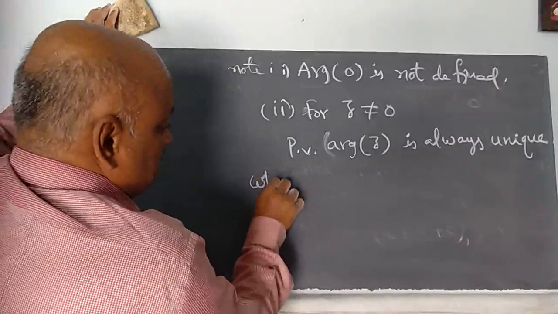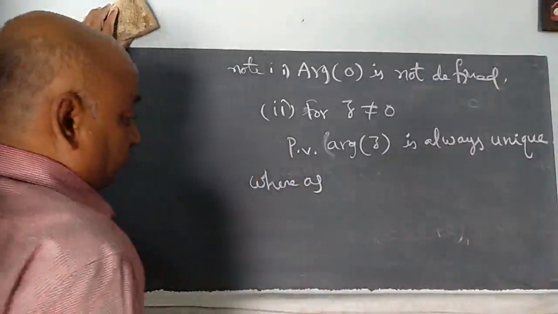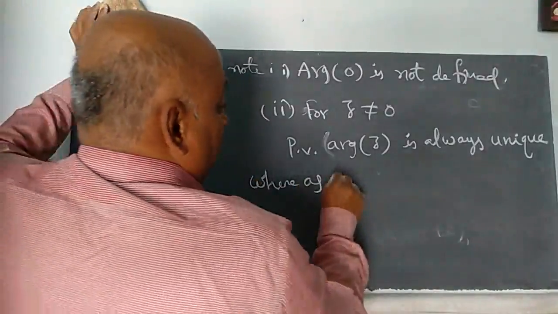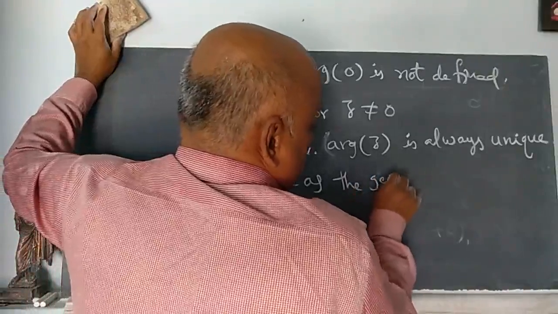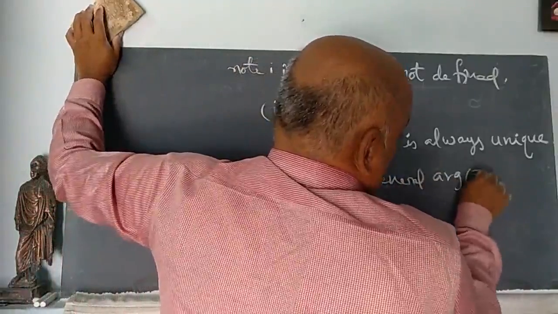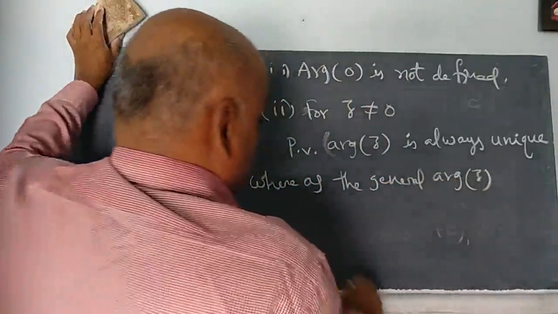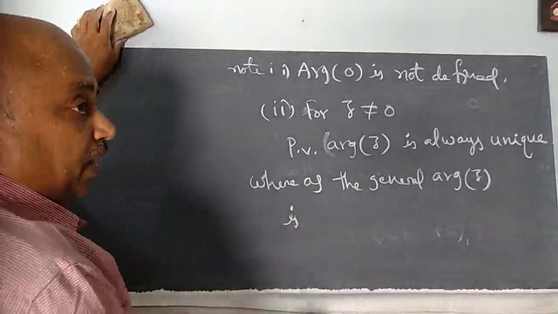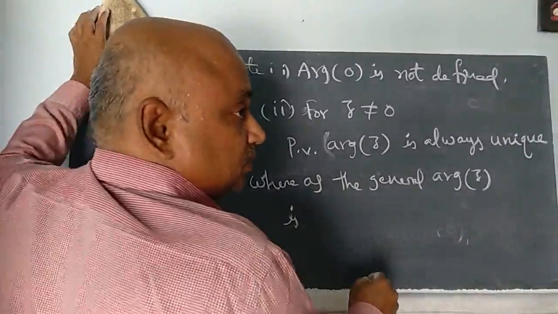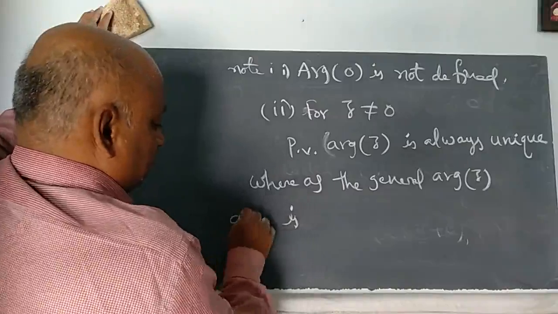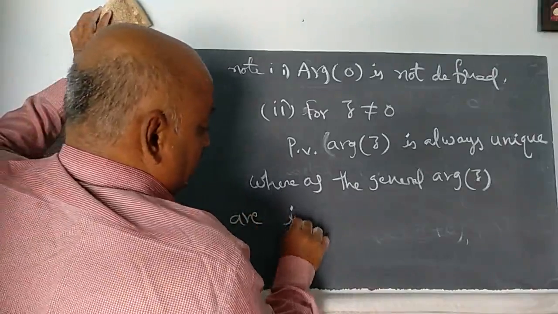whereas the general argument of z is infinitely many.